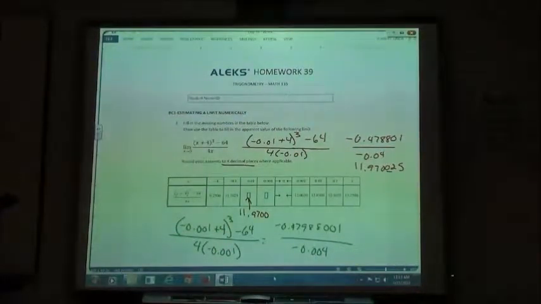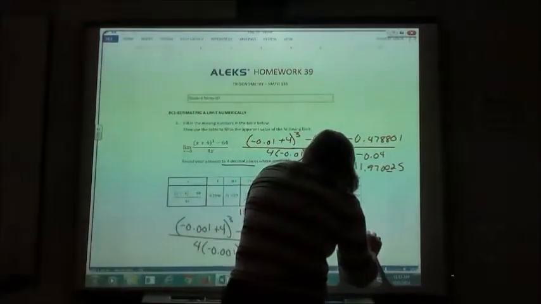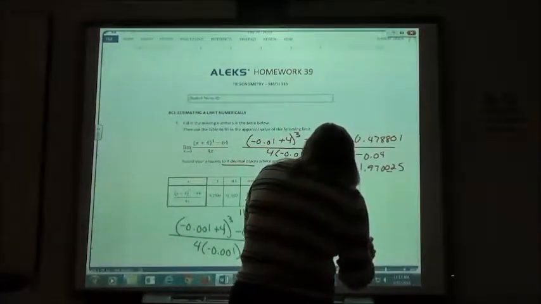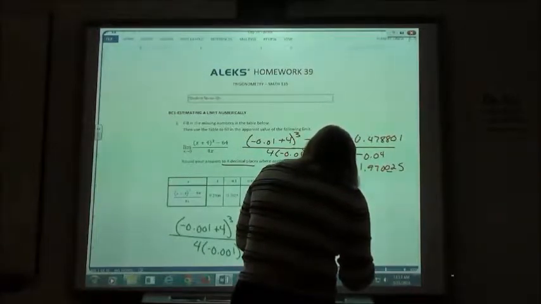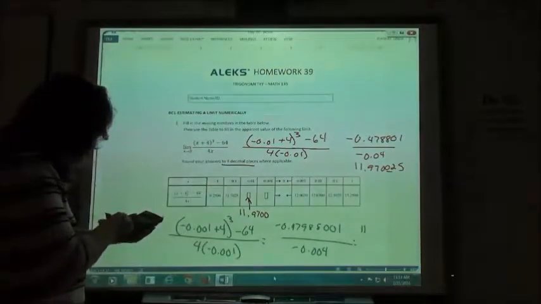So dividing that out, -0.479880001 divided by -0.004 gives me 11, whoops. Let me punch that in again.